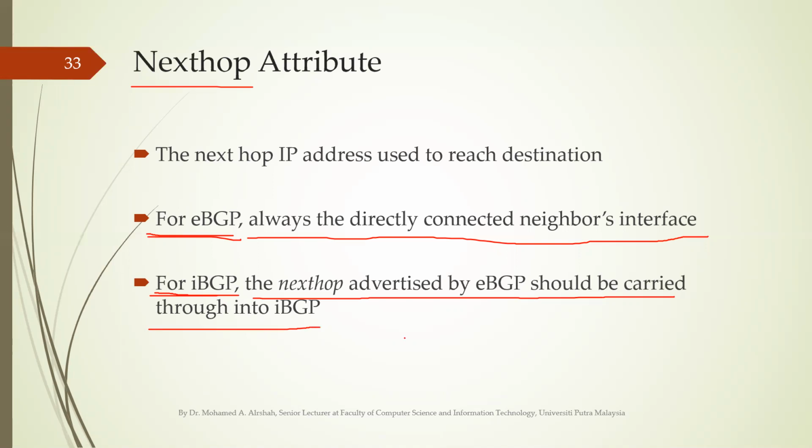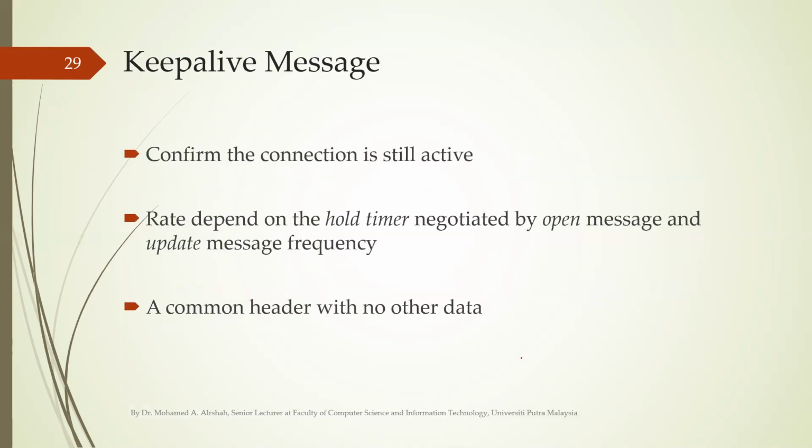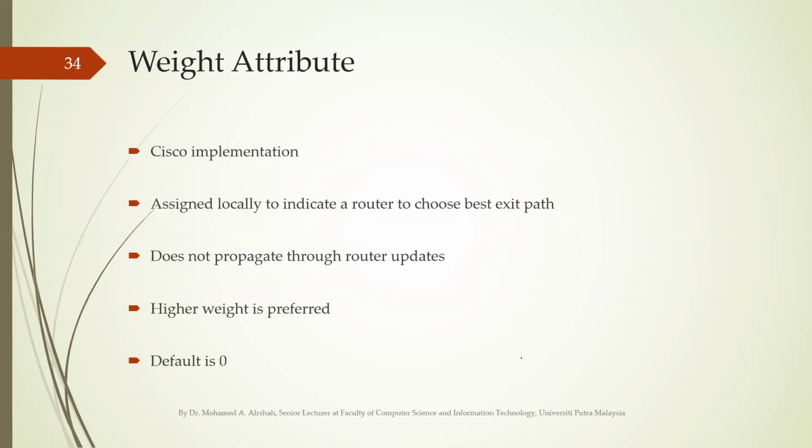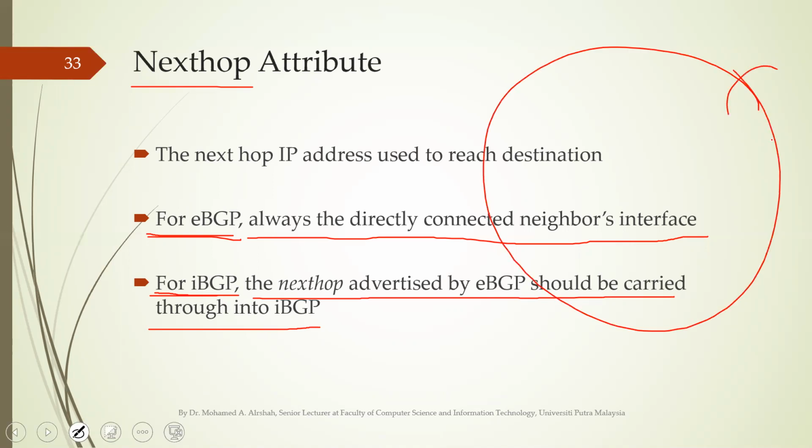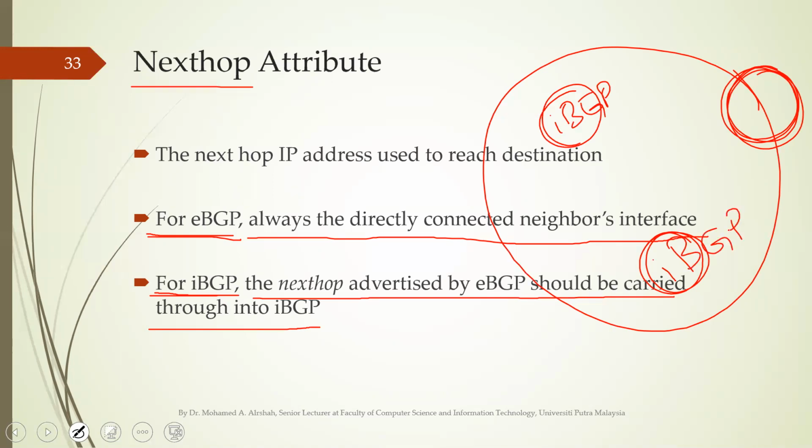Okay, so let me draw something here. Let's say this one is the autonomous system and this one is the exterior BGP, and suppose that we have interior BGPs here, iBGP, and also here iBGP, and this one is exterior BGP.